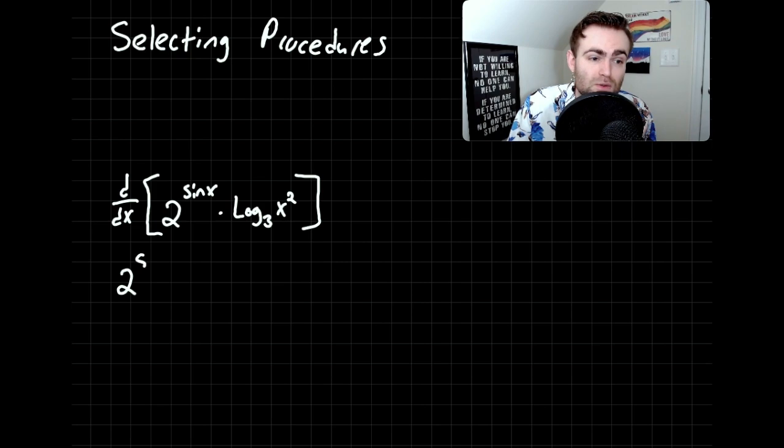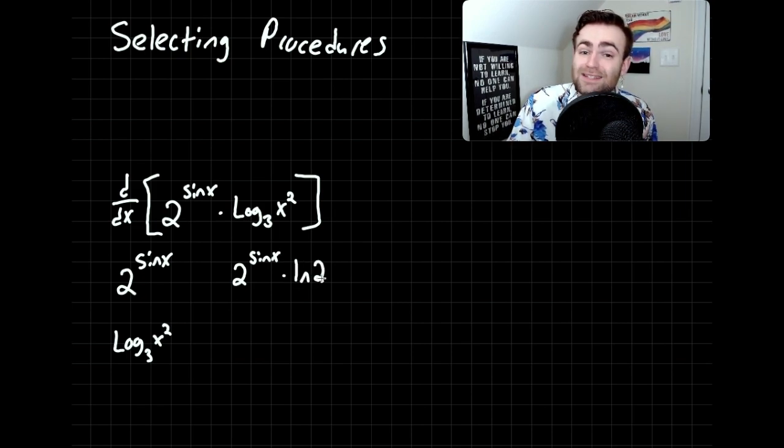So I'm going to do 2 to the sine x, and I'm going to do log base 3 of x squared. Now the derivative of 2 to the power of sine x would be 2 to the power of sine x times the natural log of 2, that's the derivative of the outside, keeping the inside the same.